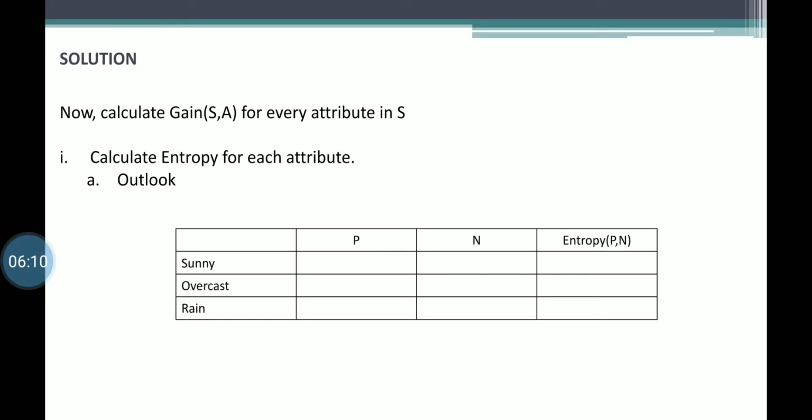You have to write this table. There are 3 values for outlook: sunny, overcast and rain. We are supposed to know how many are positive samples and how many are negative samples to calculate the entropy, right? The entropy formula requires both P and N terms, positive and negative. So wherever we have sunny as the value for the outlook attribute, we need to count how many are positive and how many are negative.